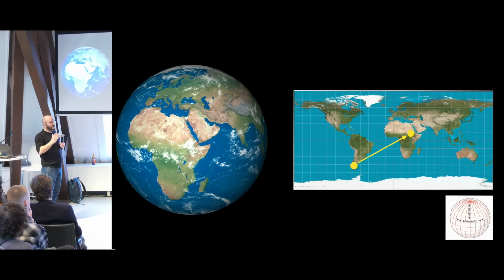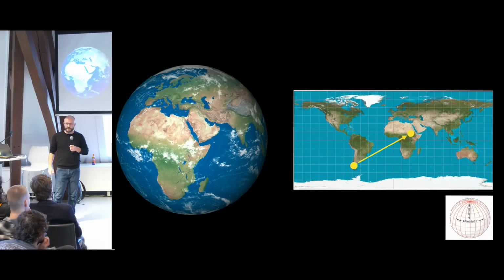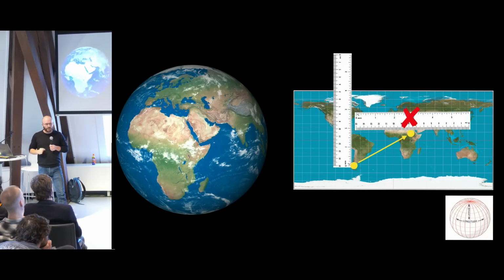And measuring the distances between two points on the Earth, you need to do something special. You cannot just measure them directly. Even though one axis you might be able to measure in this projection, the other ruler actually changes depending on where you are on the Earth.